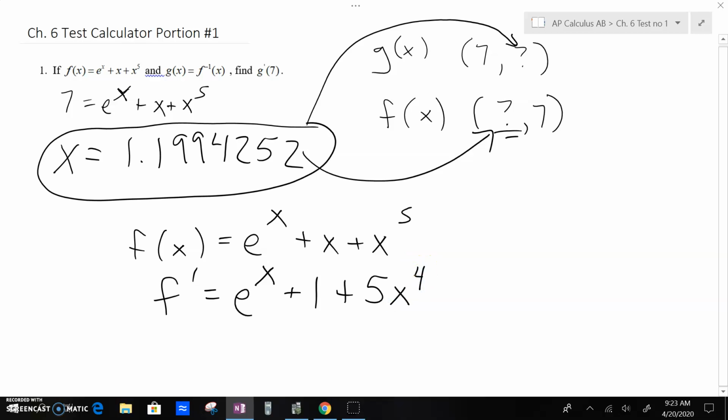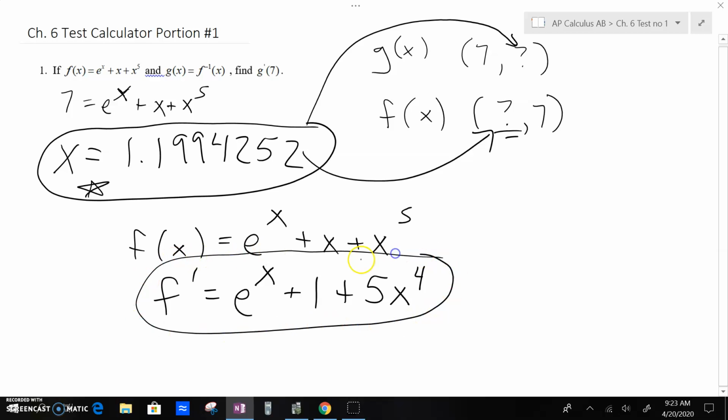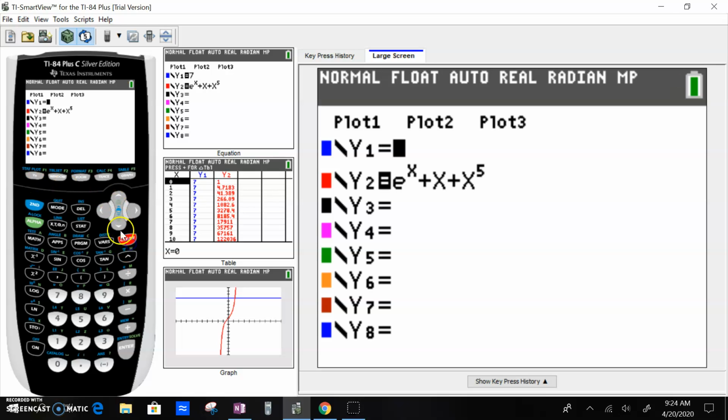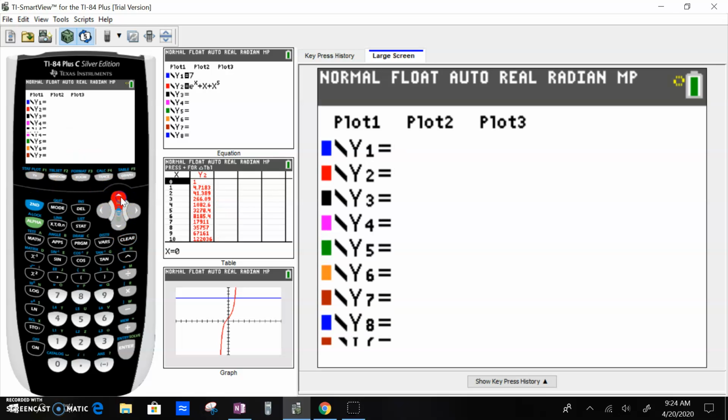And then what I'm going to do is evaluate this derivative at the associated x value. So I'm going to say, okay, I've got an expression for the derivative. Go ahead and evaluate it at this associated value. So I'll go back to my graphing calculator, and I'll go into y equals. I'm going to clear these other two things out because at this point I don't need them.